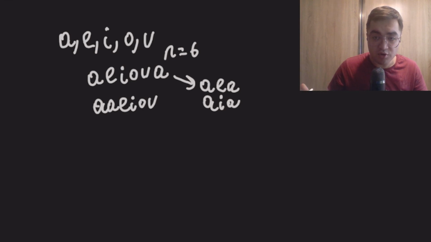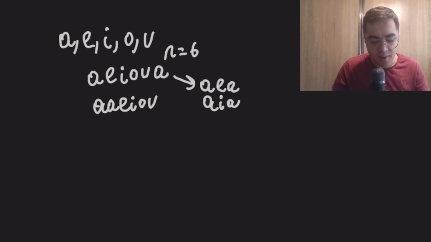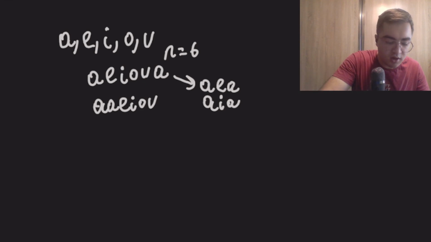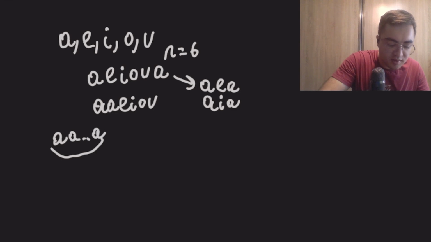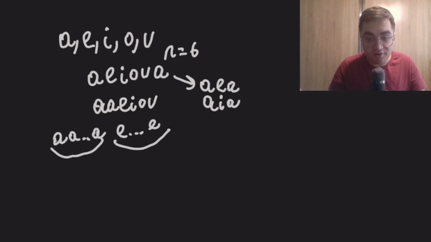If you want maybe a more formal proof of this, you can just say, in order to form a palindrome, I need to start and end with the same letter. Now when I have some amount of A's, some amount of E's, I have to start and end with the same letter, and in order to form a subsequence, what I can do is add letters that are in between the start and end.